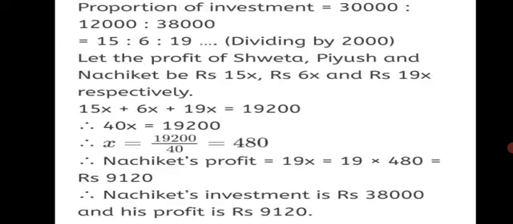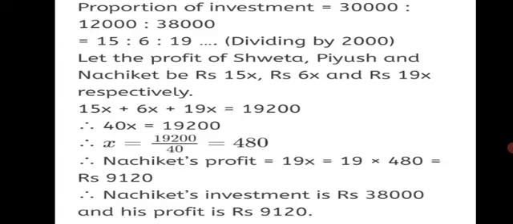Proportion of investment of all three of them is equal to 30,000 is to 12,000 is to 38,000, in order of Shweta, Piyush and Nachiket.